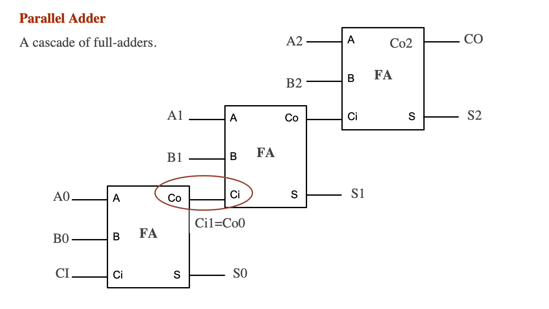The carry out of full adder number 1 now is connected to the carry in of full adder number 2, and so on. Here I'm only highlighting that CN1 is equal to C out 0, CN2 is equal to C out 1, and so on.